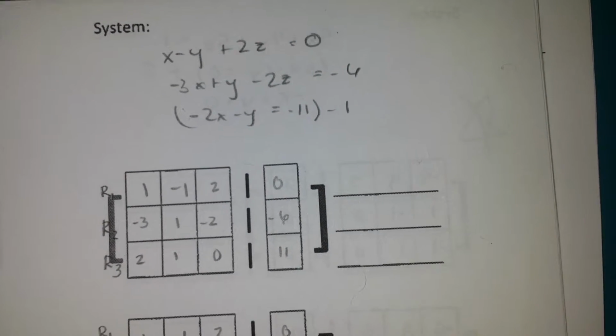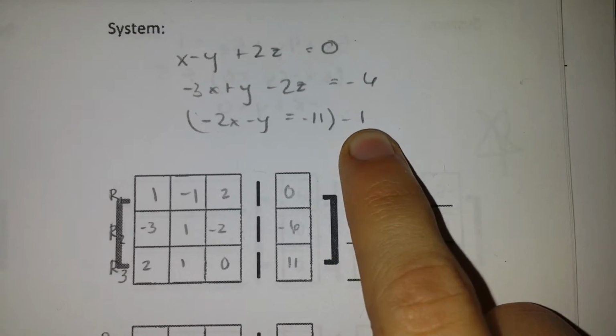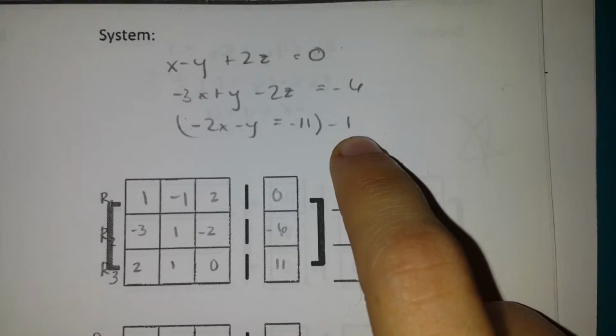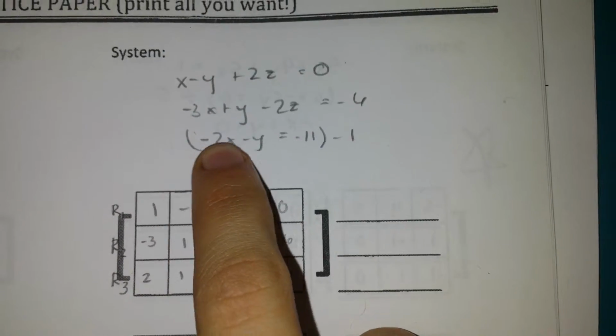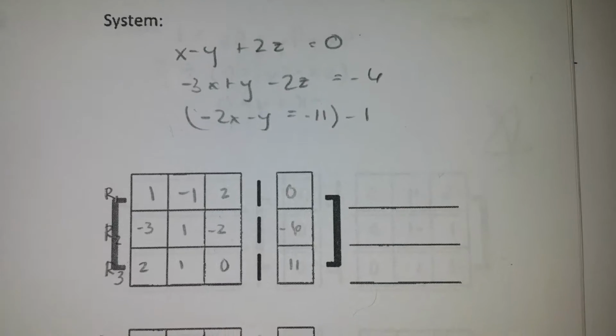minus y equals 11. And the first thing I did was I multiplied it by negative 1, so I could get all these as a positive number. And I left it as is in the order I put it in my matrix.